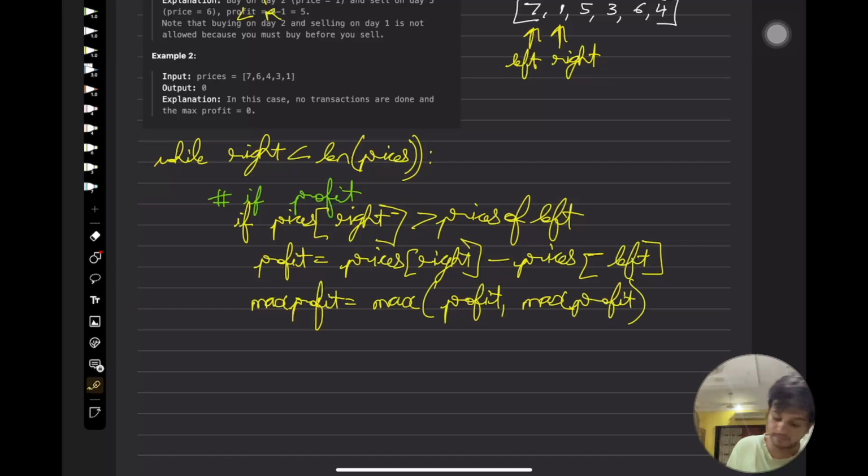So basically what this does is that it finds out whatever is the maximum value from these and it updates this. So in the end we will be returning this only. This will be returned in the end. So this is the case when there is the profit. So this is the first case.